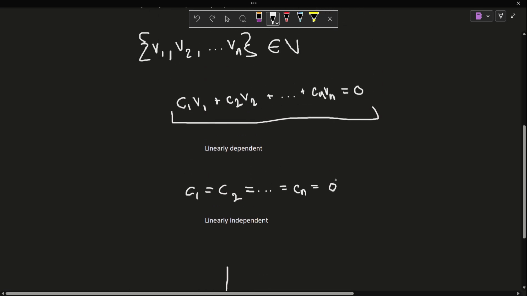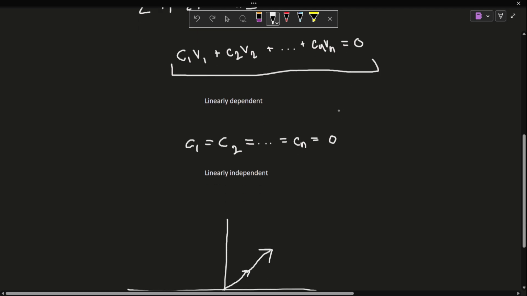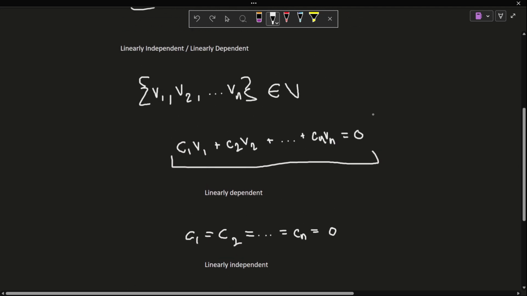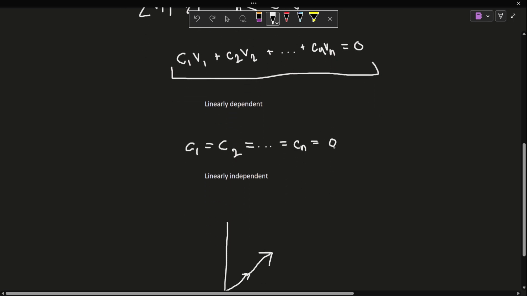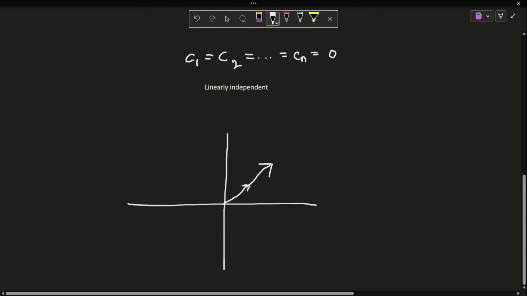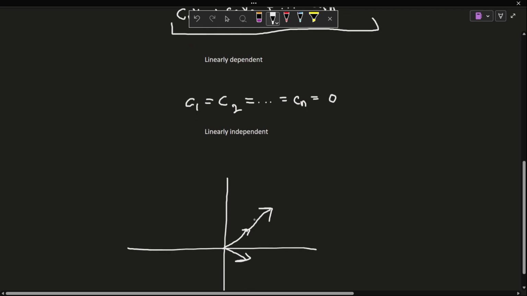And so that's why we set it equal to 0. If these can fall on the same line, then you would understand that this would be equal to 0. And if they can't fall on the same line, something like this, and if we got rid of this first vector here, then these two would be linearly independent, because there's no possible way that we can use a multiple of this to get to this.